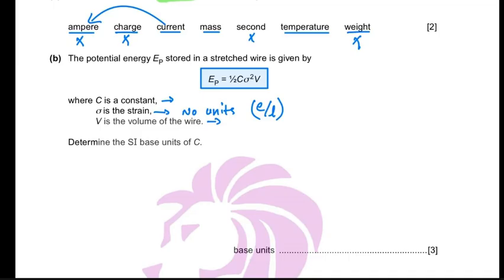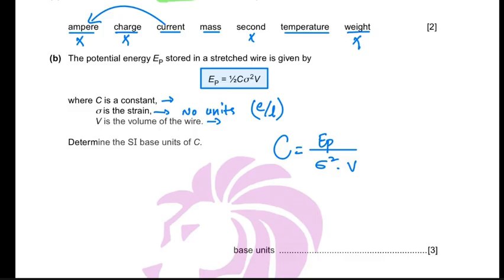You need to determine the SI base unit of the constant. So we make k the subject, k equals EP over strain times V. Remember, you have to ignore the constants while doing the unit conversion. So it's EP, elastic potential energy, over strain into V. I'll just ignore strain because it has no unit.